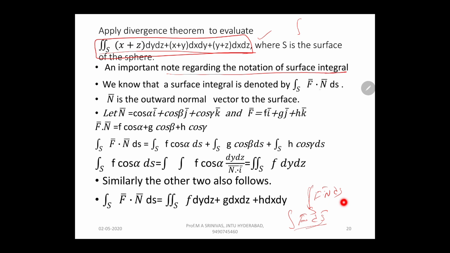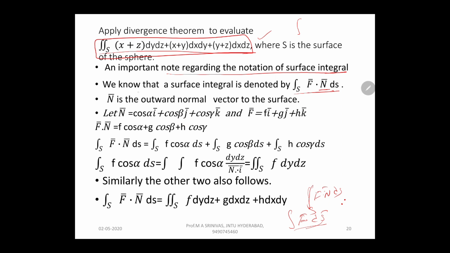We know the surface integral is represented by f bar dot n bar ds. What is n bar? N bar is the outward normal vector that we already learned, and also a unit vector, the unit outward normal vector.